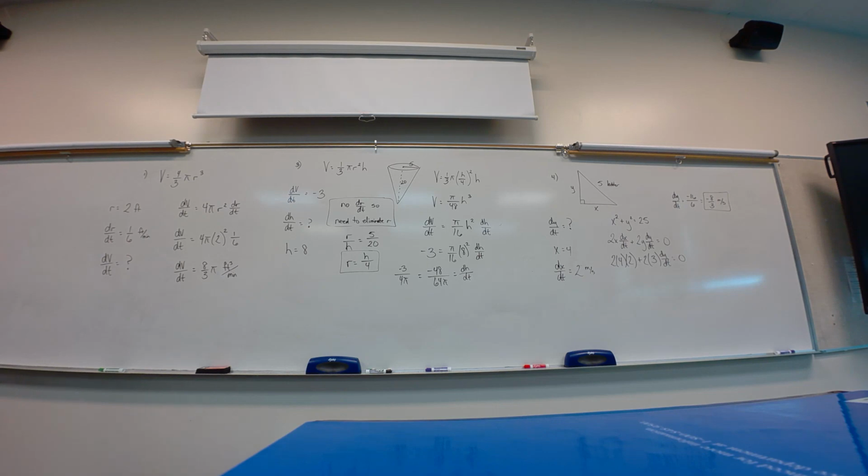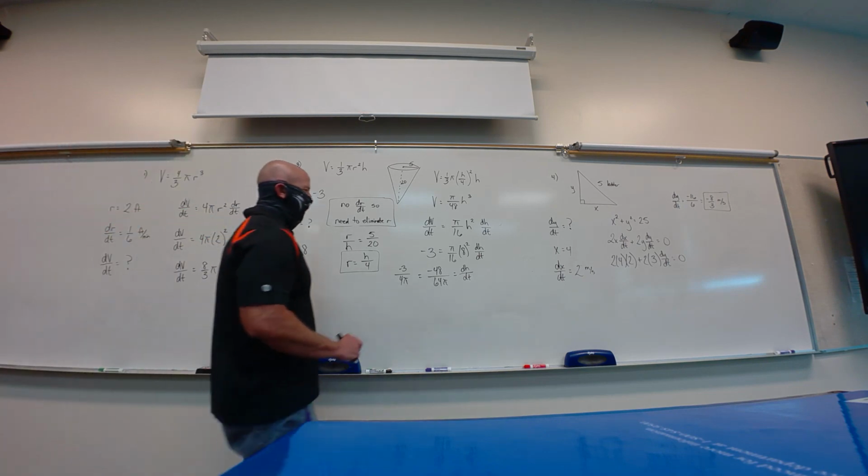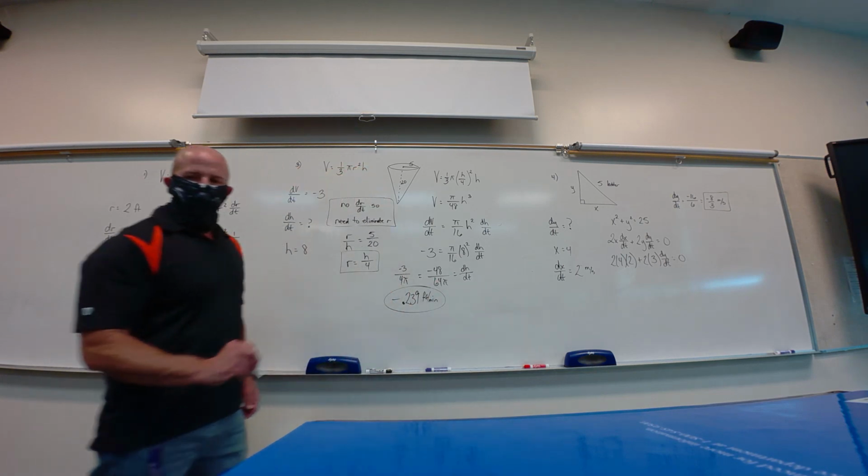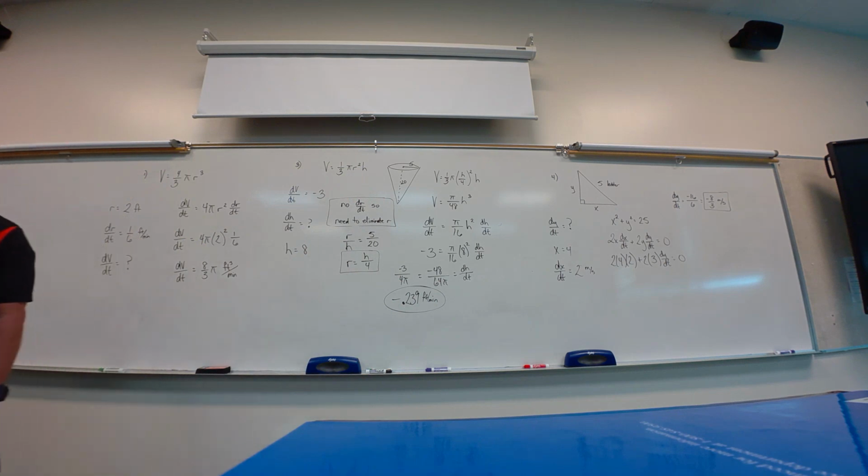Round off. Okay. So we have, net, it'd be negative 0.239 feet per minute. Feet per minute were the units we're working with. Why is it negative? Other than the fact that the algebra gave me a negative, why would it be negative? Because the height's going down. Makes sense, right? Something like that.